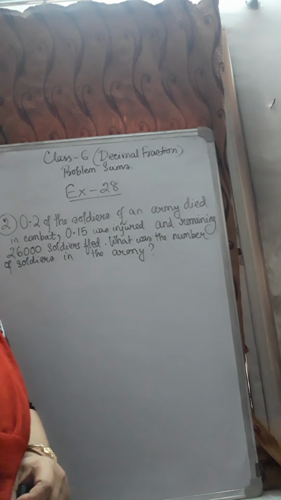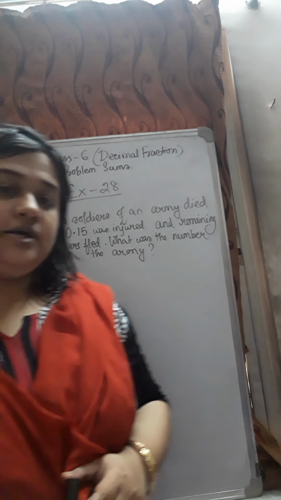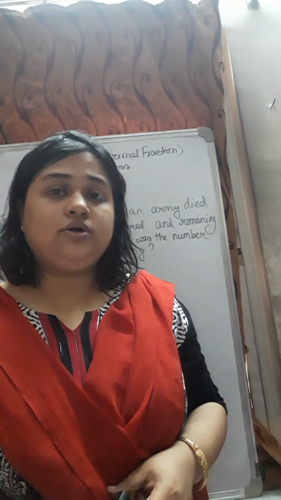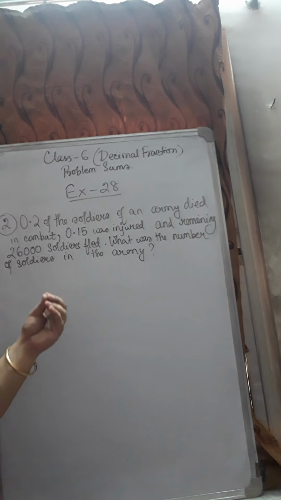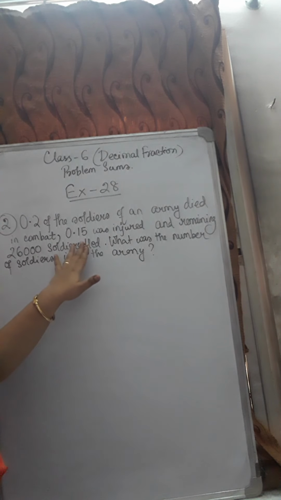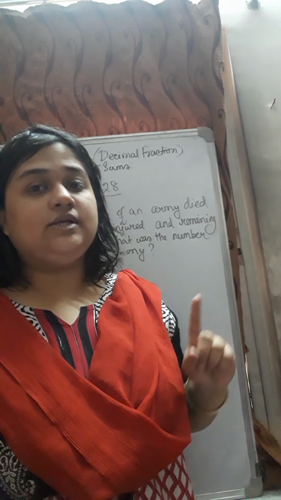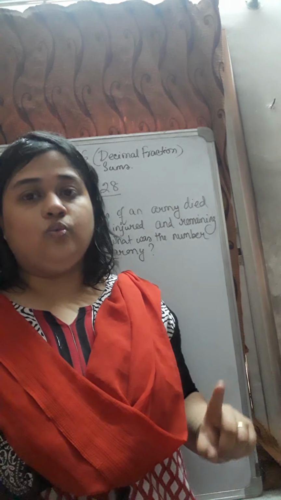Now just like a fraction tells you the portion, but it does not tell you the actual number, similarly here also the decimal fraction is telling you the portion. So suppose in case of a fraction, the fraction total is 1. Similarly, the decimal total is also 1.